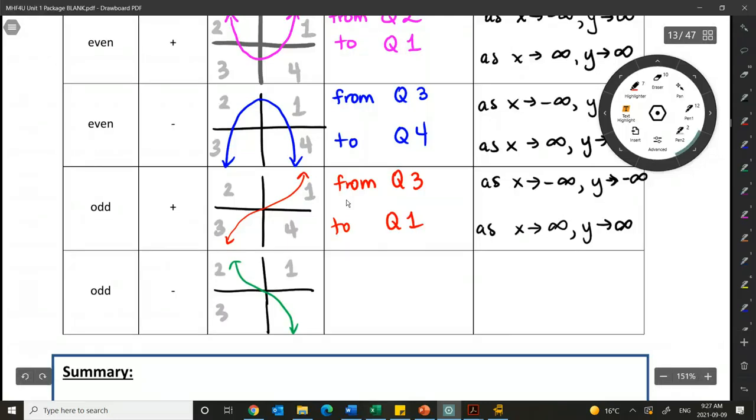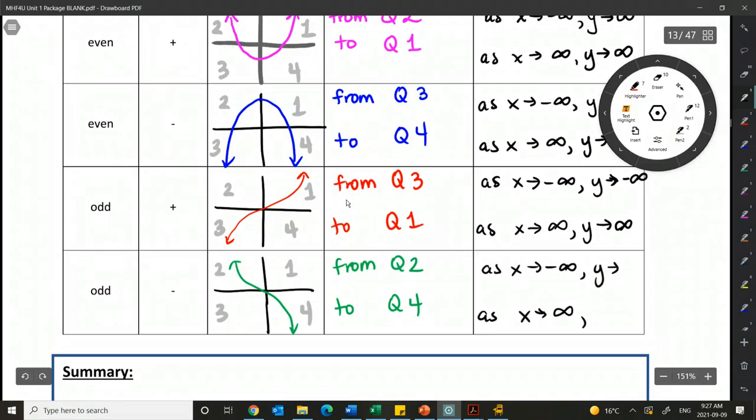Okay, so who can do quadrant behavior for us for this one? Yuri? From quad 2 to quad 4. And then we're going to just fill in as x approaches negative infinity, we'll choose what y does. As x approaches infinity, y approaches... Michael?